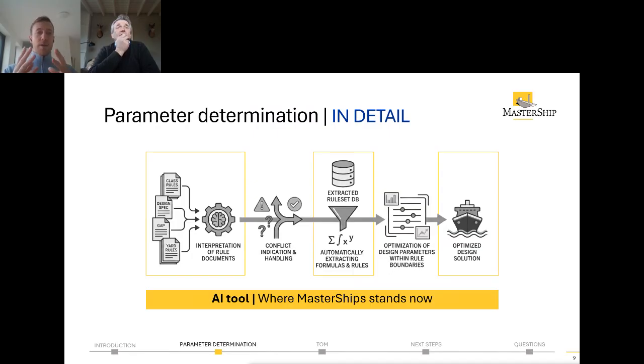Like it could be that there is a conflict between Lloyd's classification rules and some rules that are typically used at the shipyard or something. Those are minor, so we have skipped them. And finally, the optimization of design parameters. We haven't done that automatically yet. But that's also not per se artificial intelligence, because you could also do it with traditional software methods like looping functions.